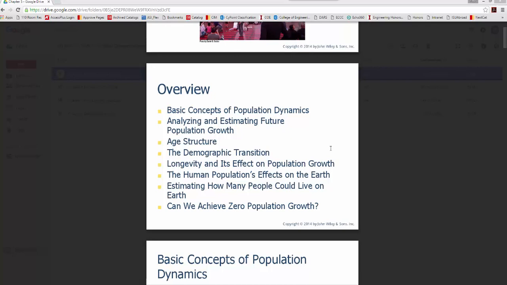Can we achieve zero population growth? Do we want to achieve zero population growth? So we'll look at that toward the end of the chapter, but we have to get up to speed on some of the terminology and other areas within population dynamics. So I think you're going to enjoy this.